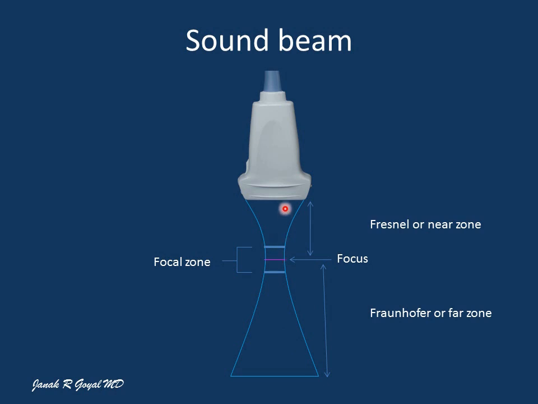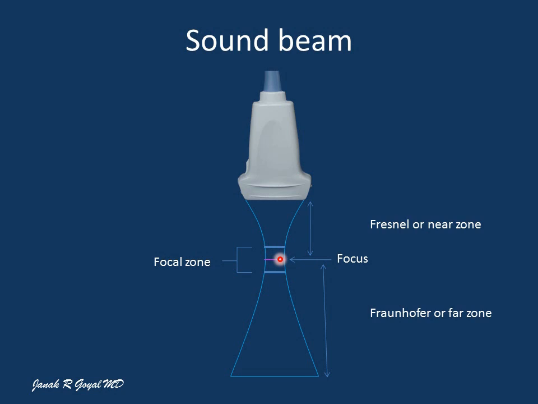The part of the beam from the transducer face to the focus is known as the near zone or the Fresnel zone, and the part of the sound beam which extends from the focus to the deeper areas is called the far zone or Fraunhofer zone.